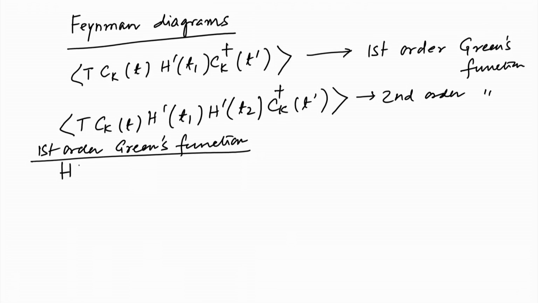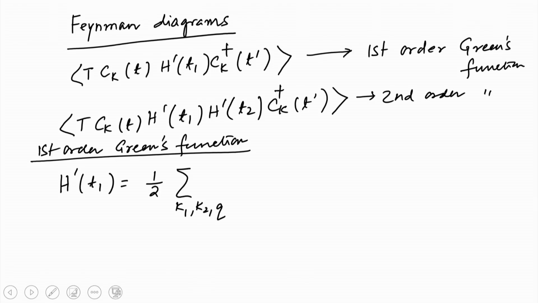So, H prime at T1 is equal to say half, sum over K1, K2 and Q, and now I have two Green's functions, so it is two creation and two annihilation operators.